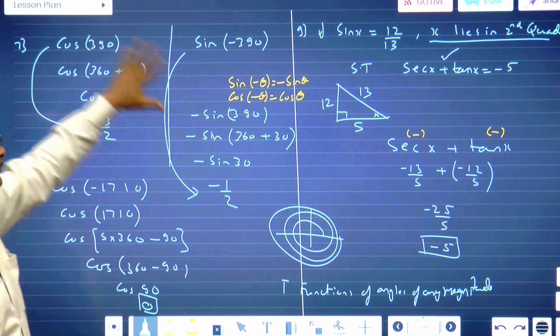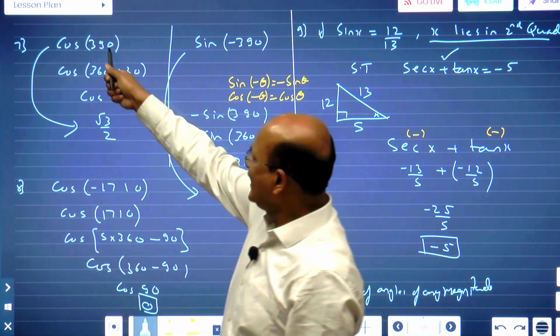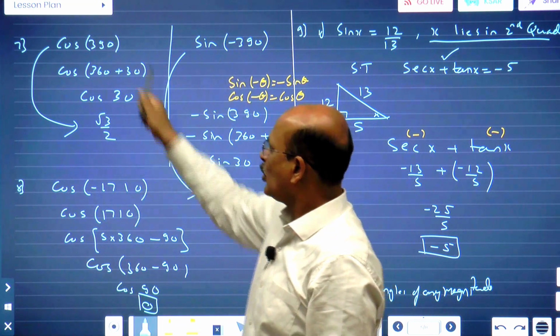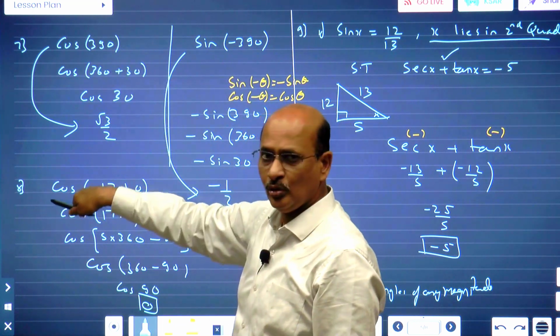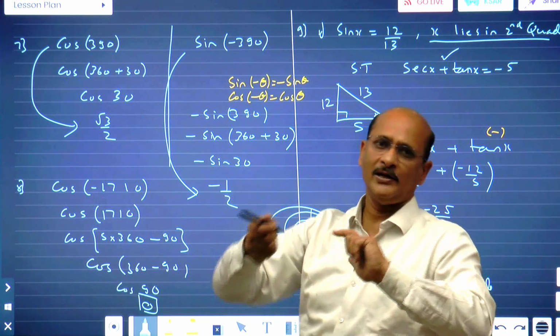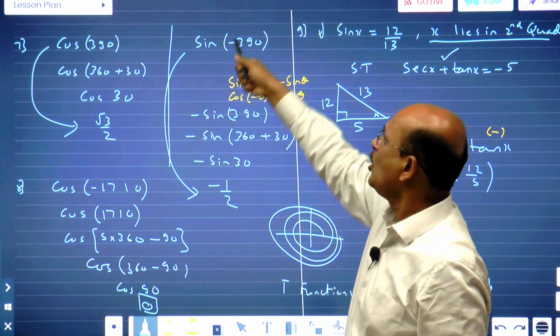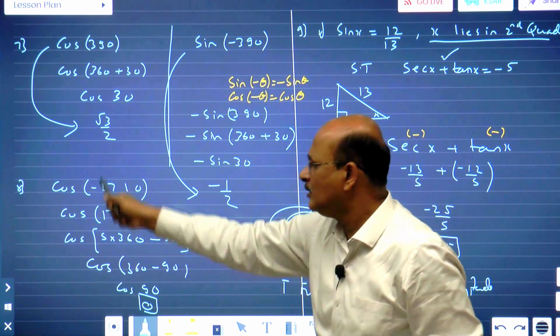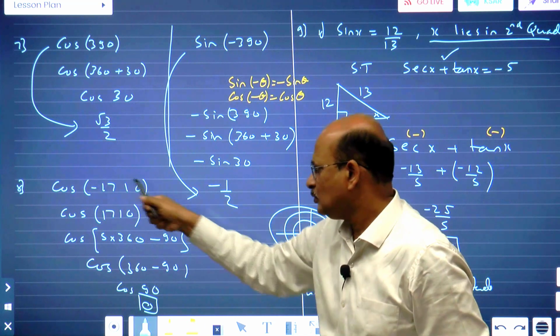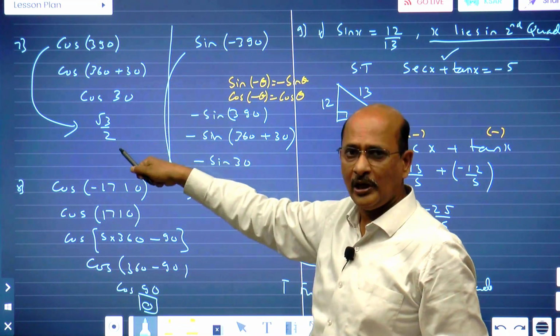So from this, what I want to generalize is that for any angle and any trigonometric ratio, by using 180 plus minus theta and 360 plus minus theta, I can find the value of trigonometric functions of angles of any magnitude.